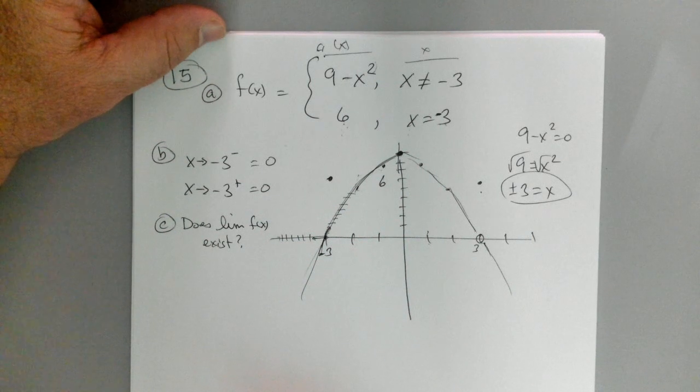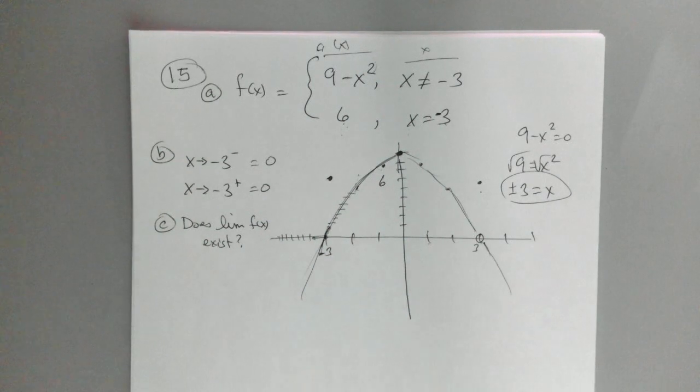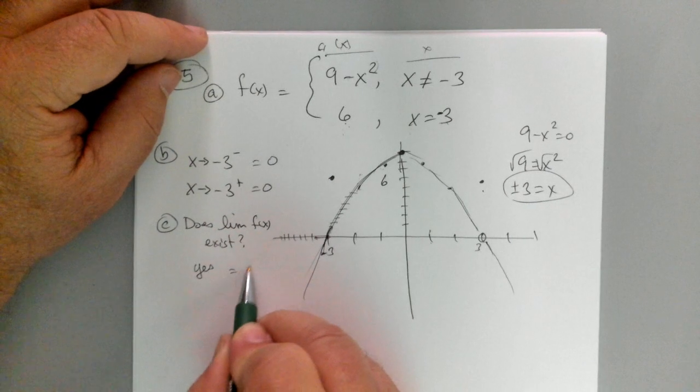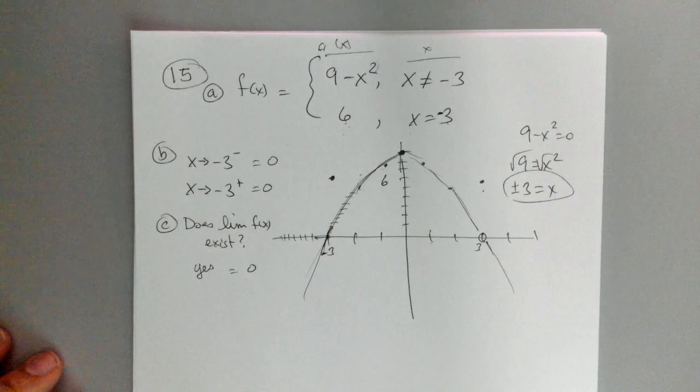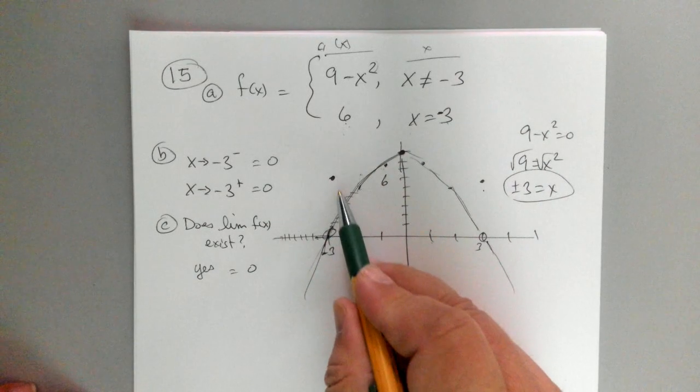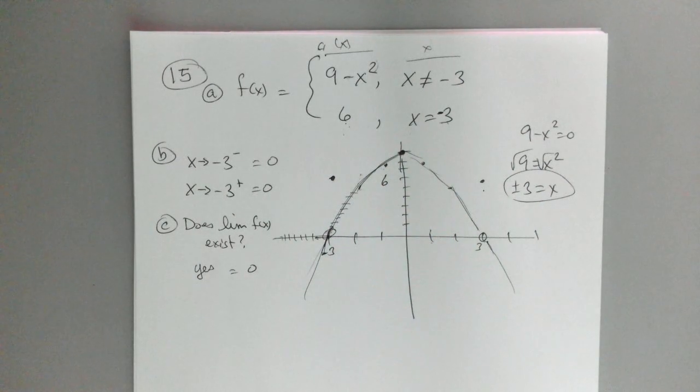Does the limit exist? Yes, because both directions equal the same limit point, and that limit is 0. Even though the function doesn't equal that at negative 3, where it's at 6, the limit is the value it approaches.